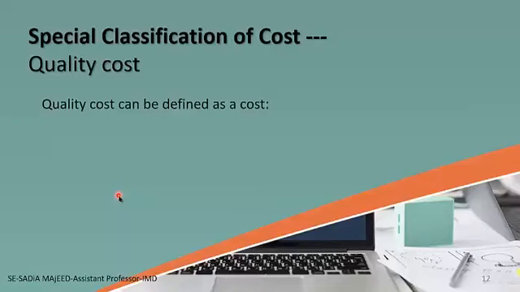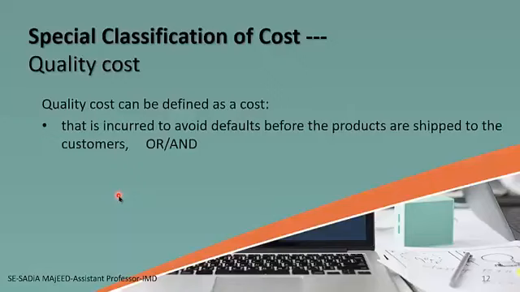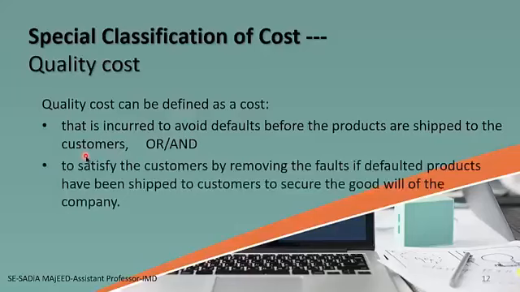Quality cost can be defined as a cost that is incurred to avoid defects before the products are shipped to the customers, and to satisfy the customers by removing the faults if defective products have been shipped to the customer, to secure the goodwill of the company. In simple terms, quality cost is the cost of producing non-defective products.